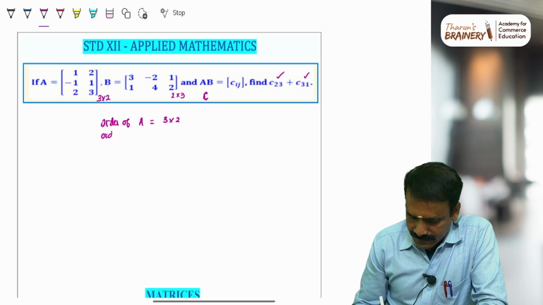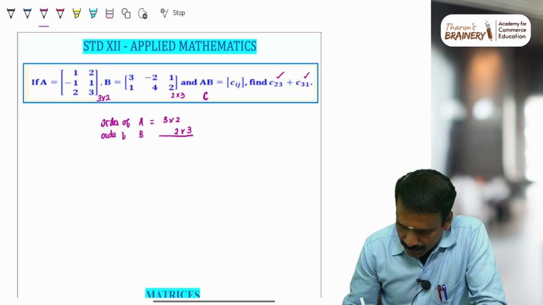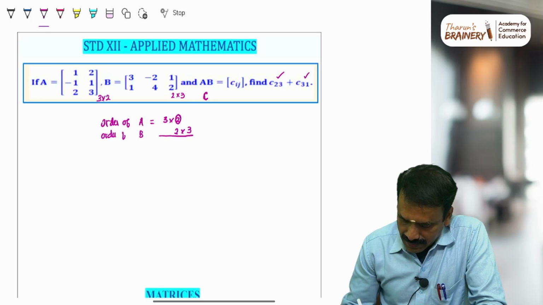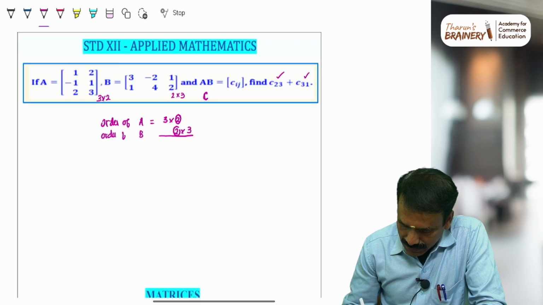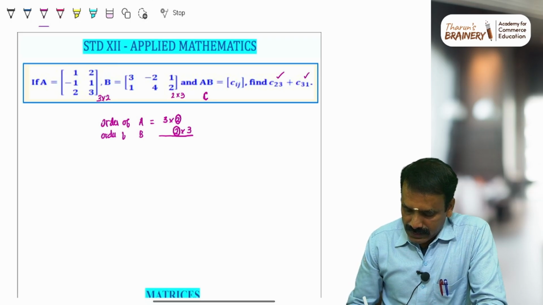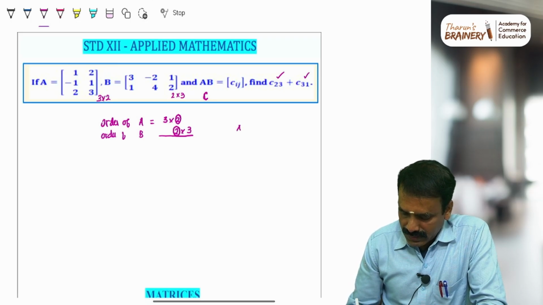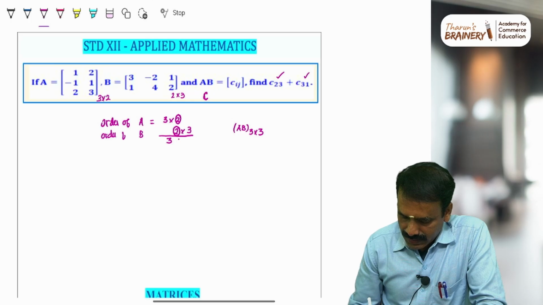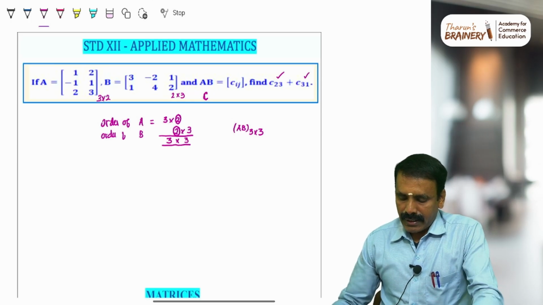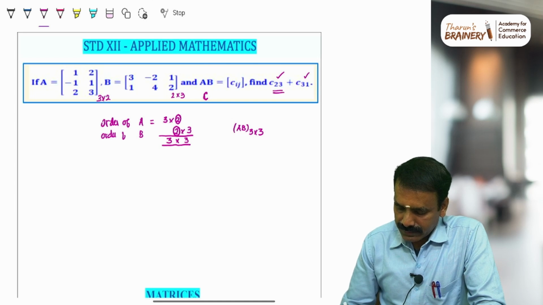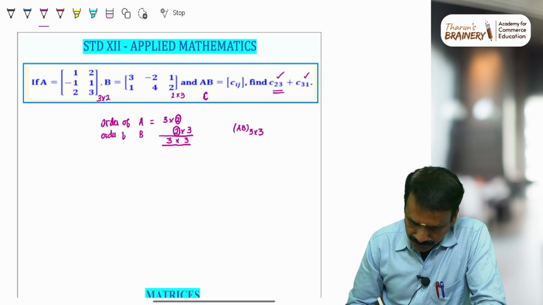The order of B is 2 by 3. The number of columns in the first matrix is equal to the number of rows in the second matrix. They are equal. So AB is going to be of order 3 by 3, that is, 3 rows and 3 columns. I am not going to find the entire product. I am going to find only C23. What is C23?